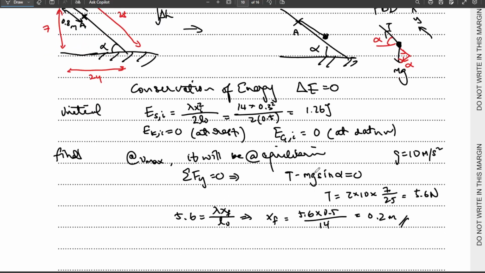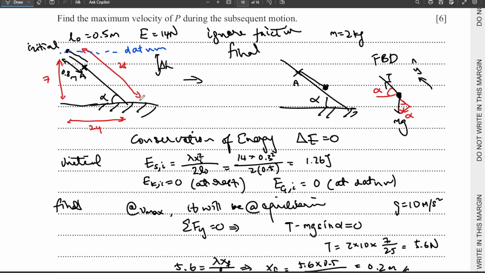Right, we know that the extension here is 0.2 meters, so we can also use this to find the change of height. Initially the slanted length is 0.8, and then it falls 0.5 meters to the unstretched length. Then it stretches again by 0.2 meters, so the height will be all this added together, 1.5 multiplied by sine of alpha.